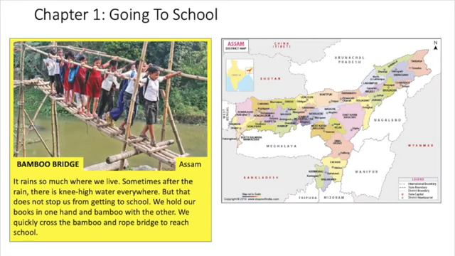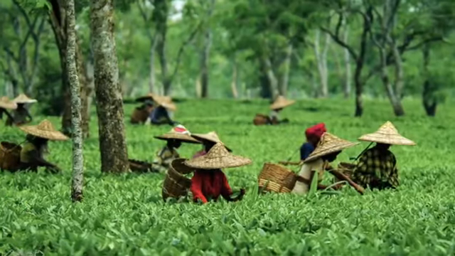So let's begin with Assam. Now, what do you see in this picture? You can see the map of Assam and a bamboo bridge. Assam is situated in the eastern part of India. It's a beautiful place full of greenery.